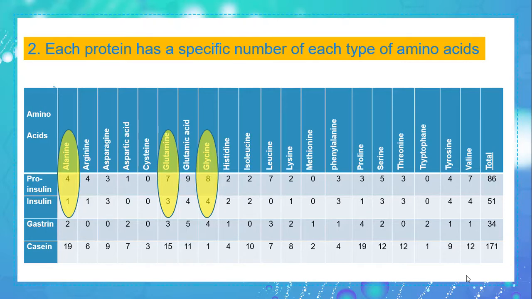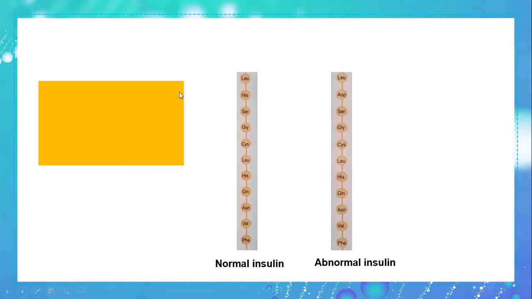Now, concerning the last characteristic, we can take an example of 2 segments of proteins, one corresponding to normal insulin and the other to abnormal insulin.